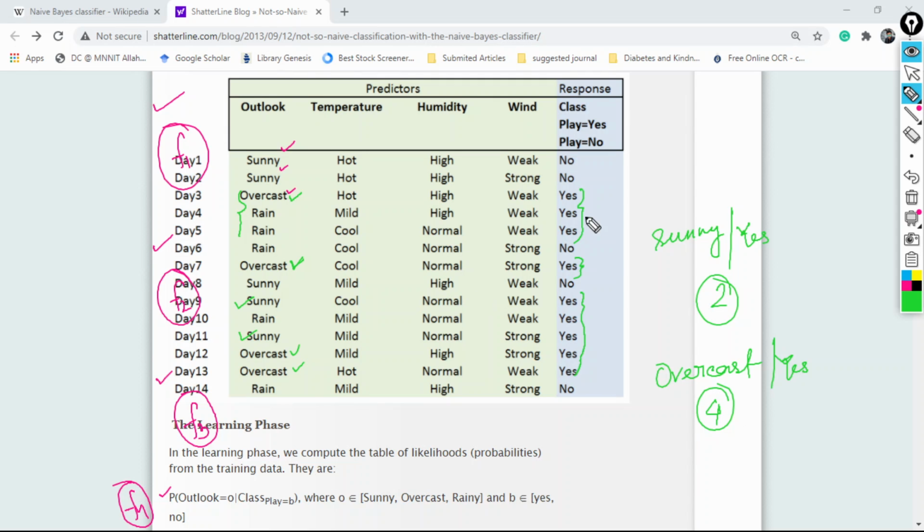So we have the yes points 1, 2, 3, 4, 5, 6, 7, 8, 9, and 9 we have already got 6 points, so the rain will be what? The rain for class level yes will be, among 9 we have already taken 6 points, only the rest 3 points. So just using this simple counting technique we are finding this table.